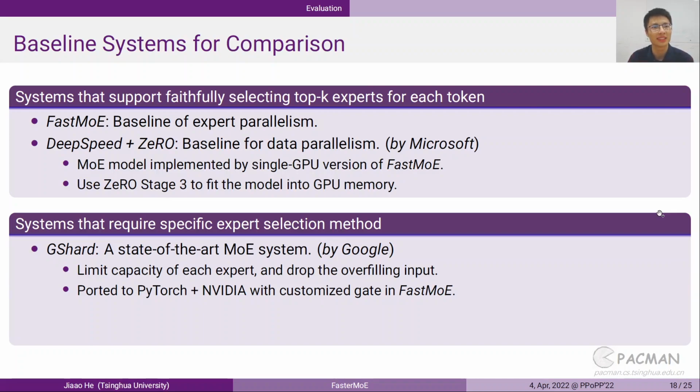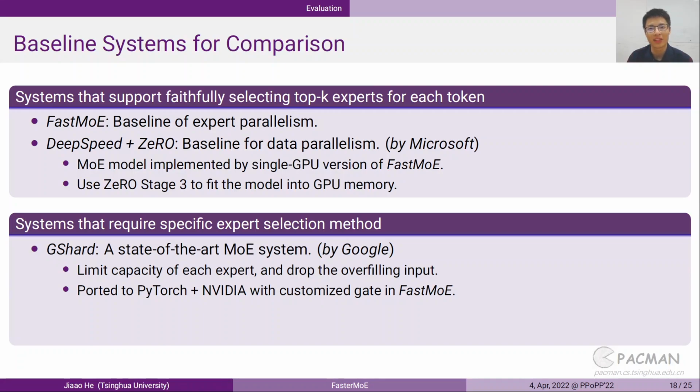The second type of system is systems that require a specific expert selection method. The first one is GShard from Google. It employs a capacity mechanism for each expert. It limits the number of tokens going to each expert and drops the rest of them. Unfortunately, this baseline is only available on TPU platforms, and we don't have access to any of them.